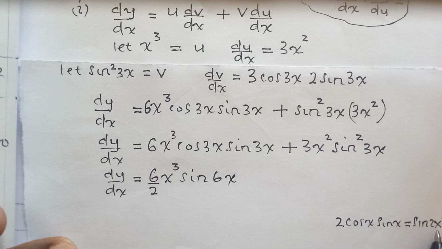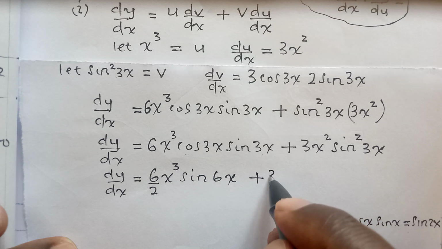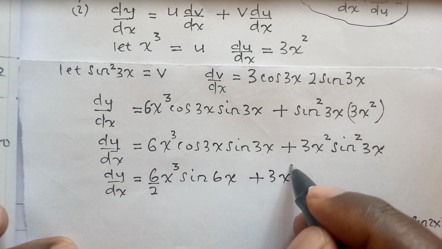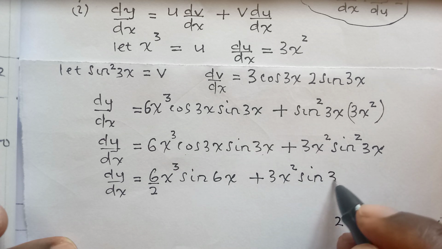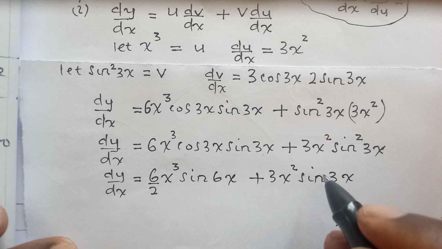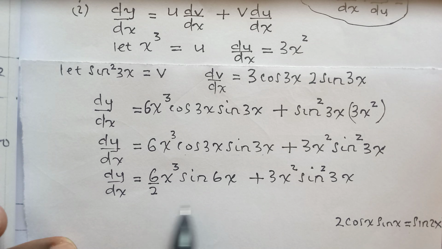So if this one is 2x, this is x. If this is 3x, this is going to be 6x, like that. Plus 3x squared sine 3x. Here we have a squared. So this is what we get.